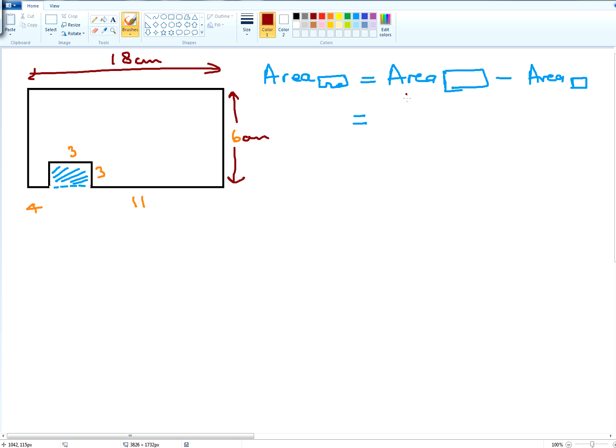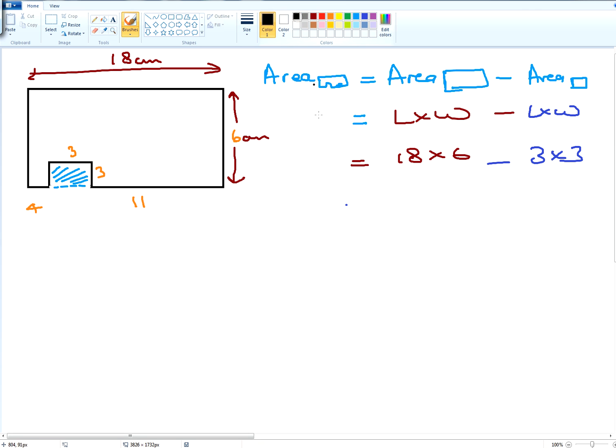So we have 18 centimeters as length. Now minus the area of the small bit that we're going to cut out. What's the area of that? It's also length times by width.